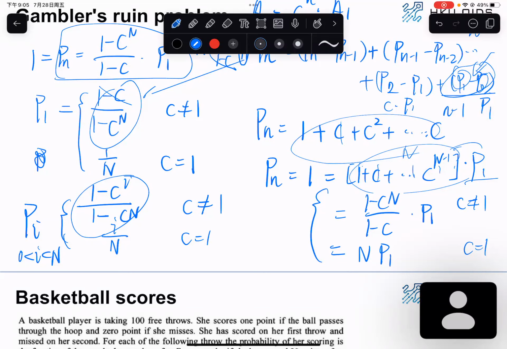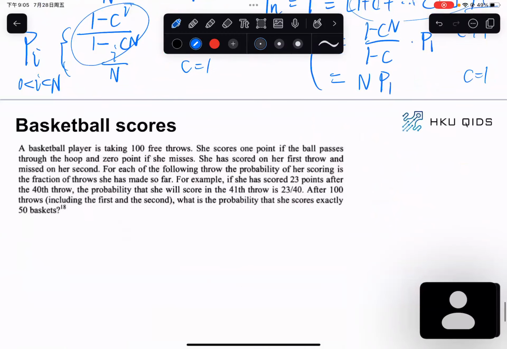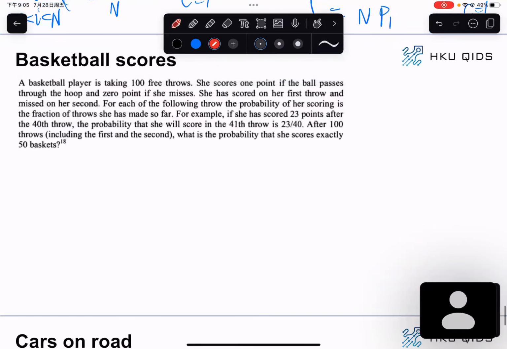Okay? And now let's come to the next question, which is basketball score. You have a basketball player and she is taking 100 free throws. You know, Kobe Bryant used to take over 3,000 throws a day. I don't know. So she scores, oh, it's a girl. She scores 1 point if the ball passes through the hoop and 0 points if she misses.